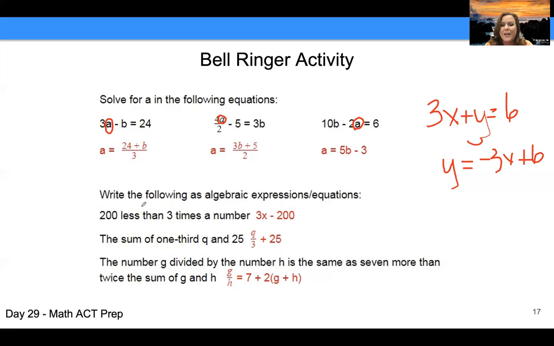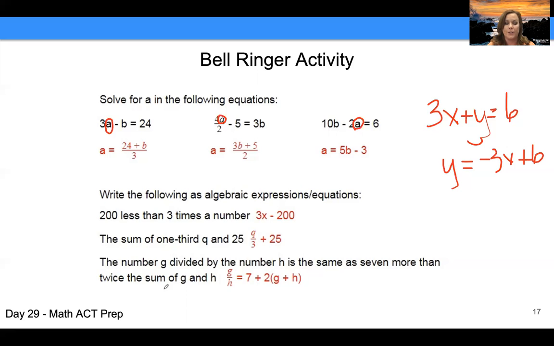Now down here, I always tell my students that these are kind of hard because we don't talk like this in everyday language. Nobody says, go buy me 20 less than 3 times 4 donuts. Yeah, nobody. We give actual numbers. But sometimes you have to do this to solve equations and figure out what the number is. The one that's tricky is this last one, and I tend to do direct translation.